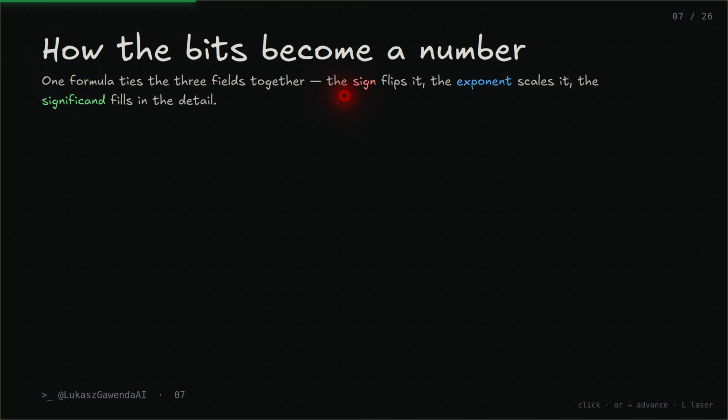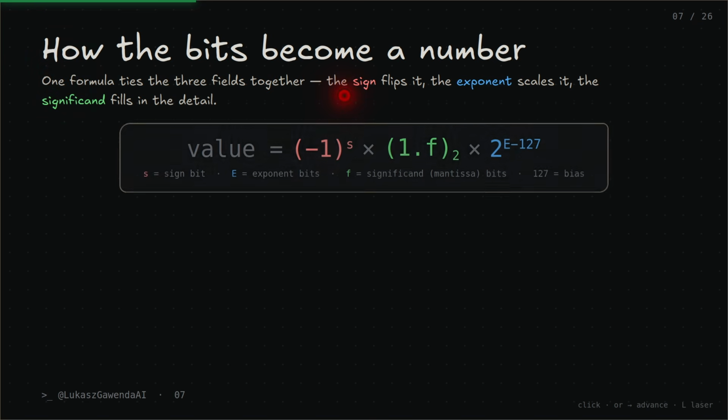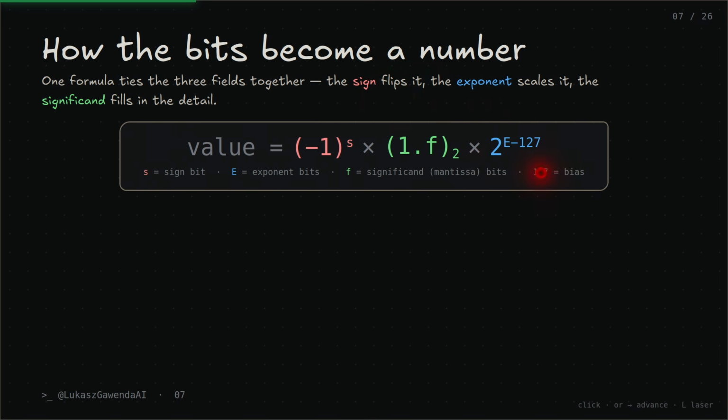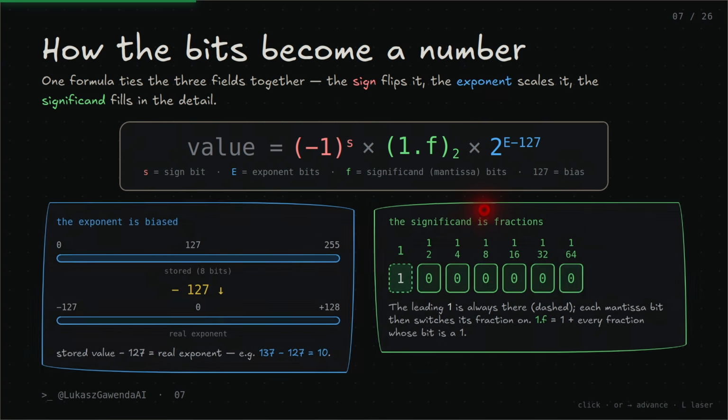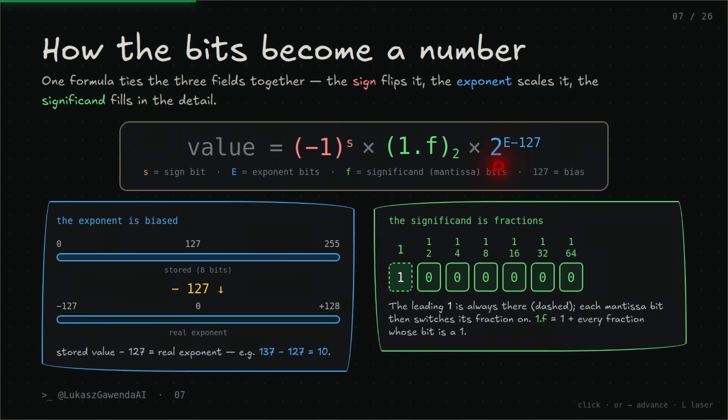So we have one formula that ties the three fields together: the sign bit that flips it, the exponent that scales it, and the significand that fills the details. It's also named mantissa. So as we can see, the exponent scales the value by a power of 2, but it's stored with a bias of 127.